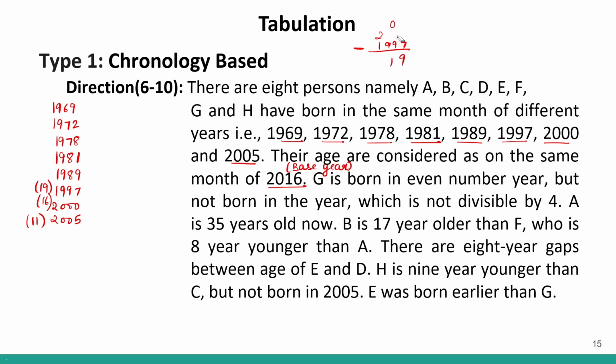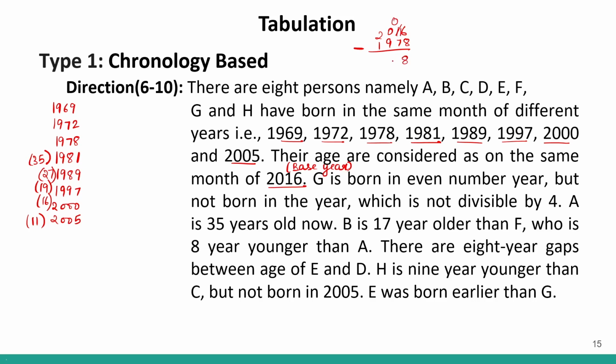From 2016 till 1989, if I have to calculate, this will be 0, this will be 16. So over here I will get 7 and over here I'll get 2. So the next age will be 27. Then 1981 and 2016. So we will get 5 and over here 3. So the next age will be 35. Then 1978: this will be 0, this will be 16.